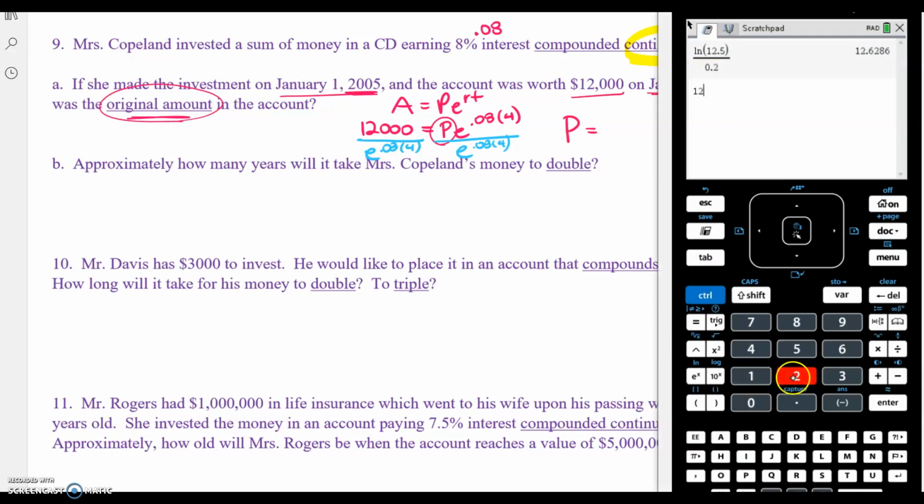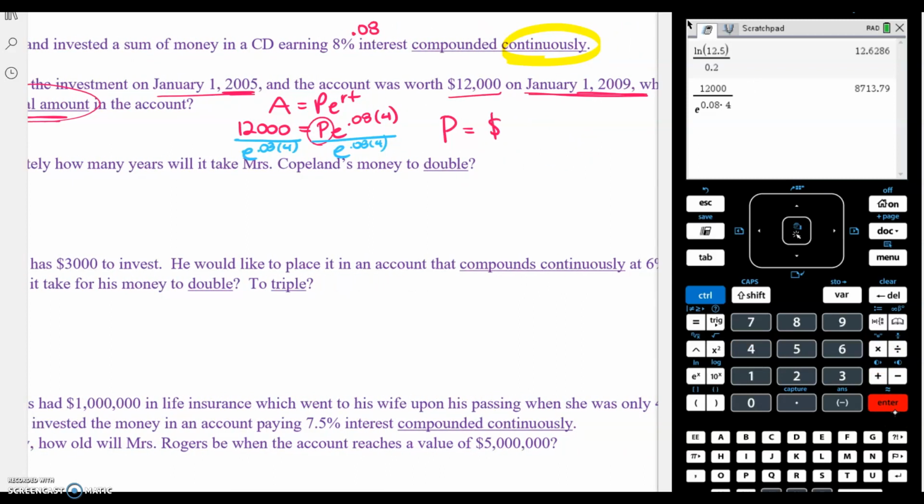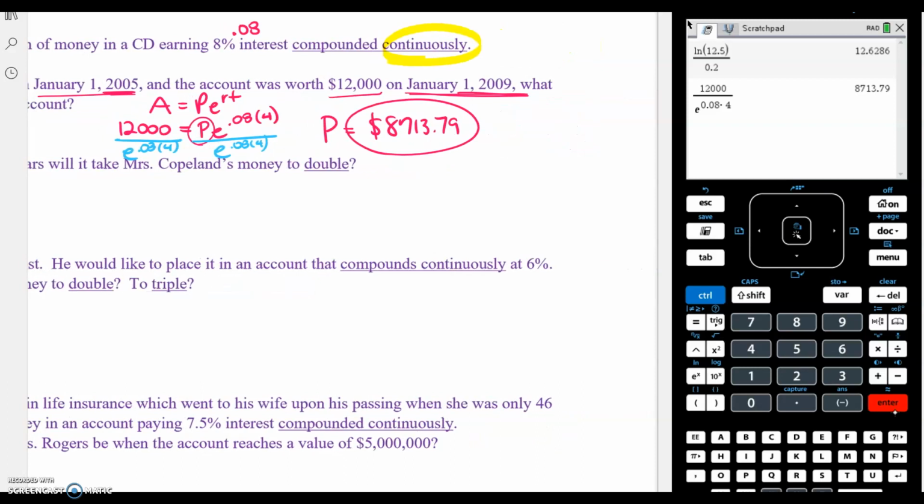So 12,000 divided by e to the 0.08 times 4, and that gives me $8,713.79. Okay, and for the purposes of the next problem, I'm going to round that to $8,714 just to make it easier.